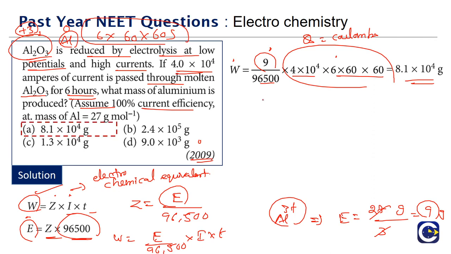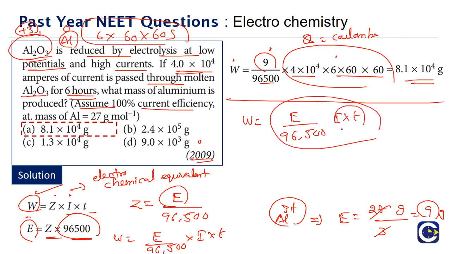It's a straight question. For the Faraday's laws of electrolysis we have these two formulae. Either we use W is equal to E by 96,500 into I into T, where I into T must give us charge in coulombs.